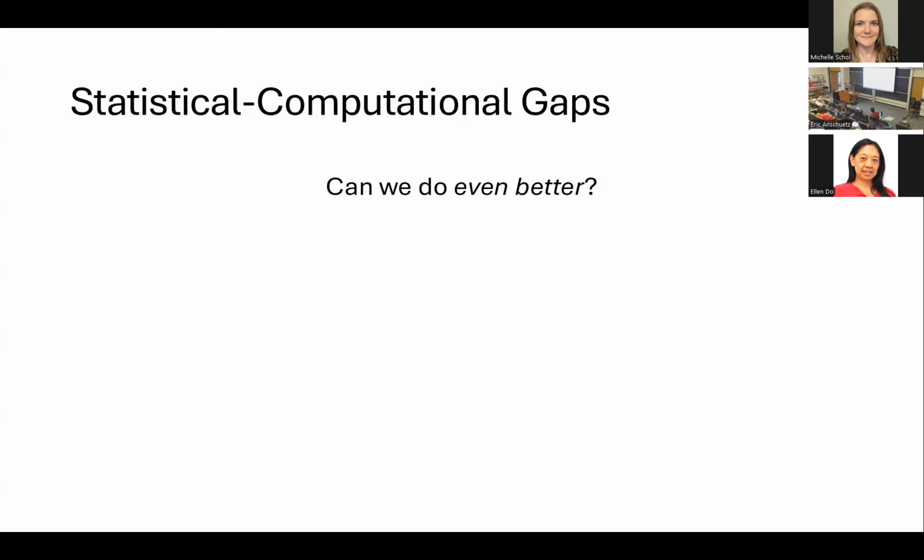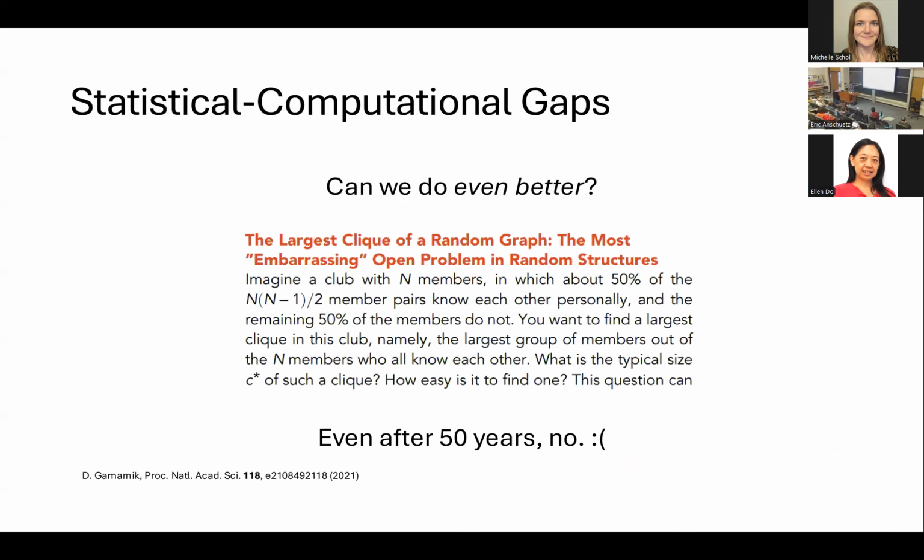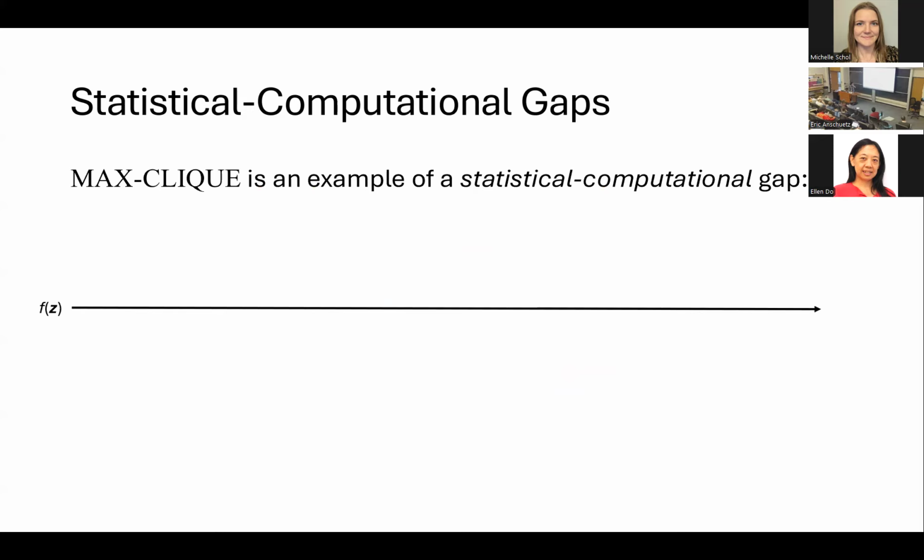Can we actually do even better? If you look at review articles in this field, they're very hard on themselves. They'll say, well, it's an embarrassing open problem. After 50 years, we cannot come up with an algorithm that does better than this very simple algorithm that achieves approximation ratio 1/2. I'll get more into why this is the case later.